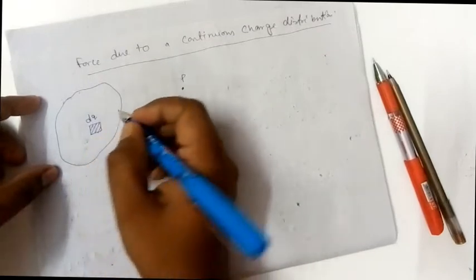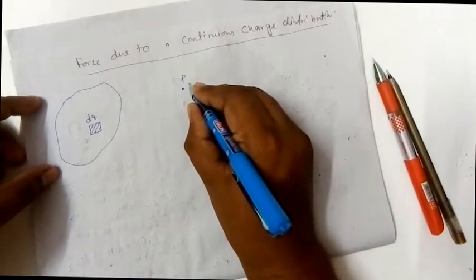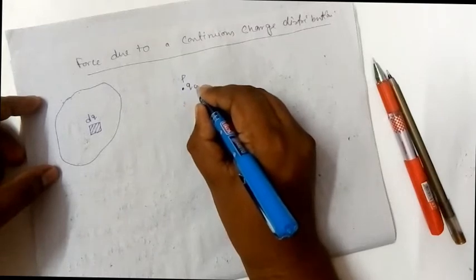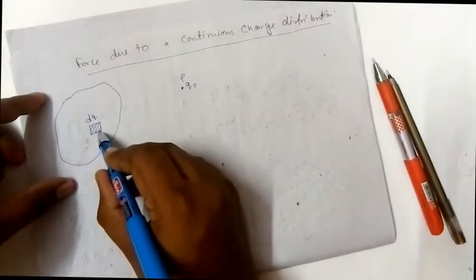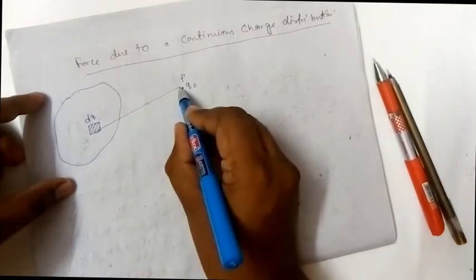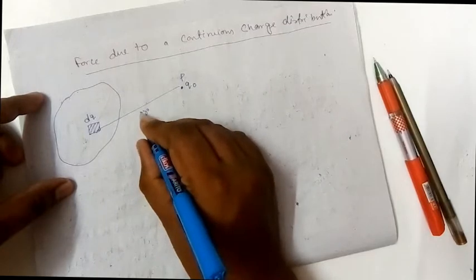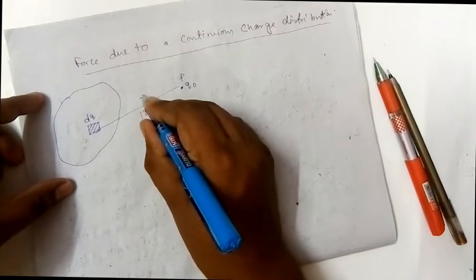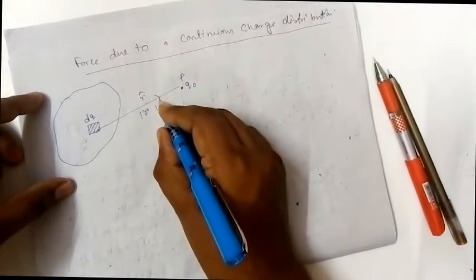At point P, I have to keep one charge, which we have taken as q naught. From this portion to point P, the distance we have taken is r, its magnitude is r, and the unit vector along this direction we have taken as r cap.